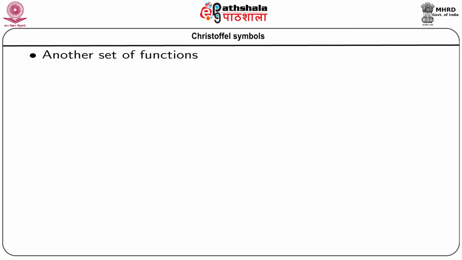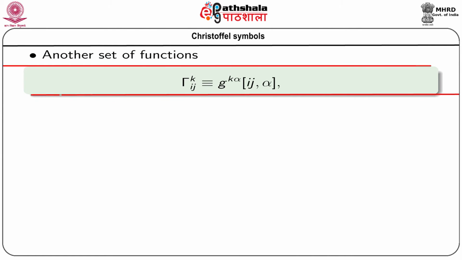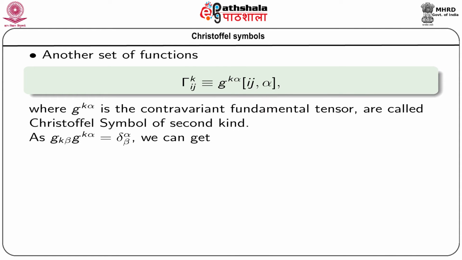Another set of functions defined by Γ^k_ij, which is equal to the product of g^kα and the bracket [ij, α], is known as the Christoffel symbol of second kind, where g^kα is the contravariant fundamental tensor.